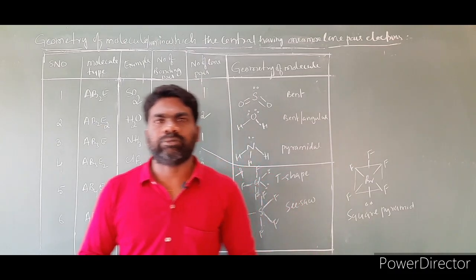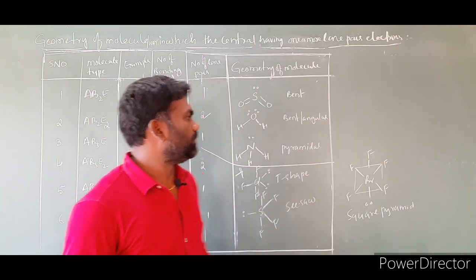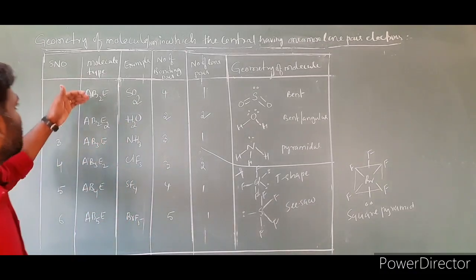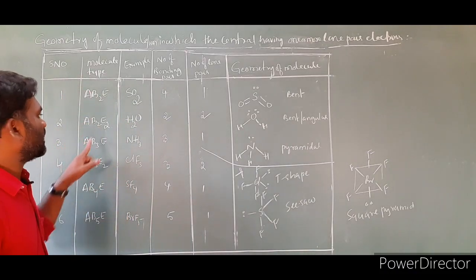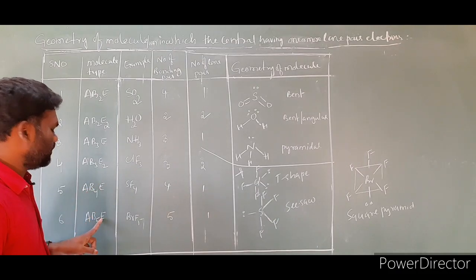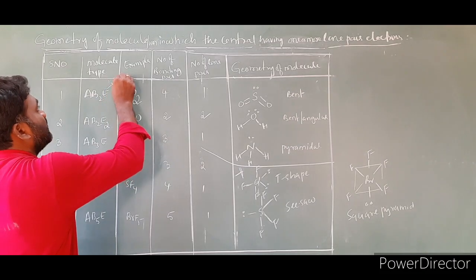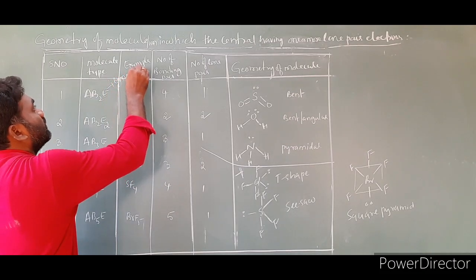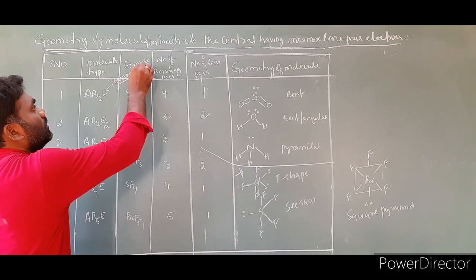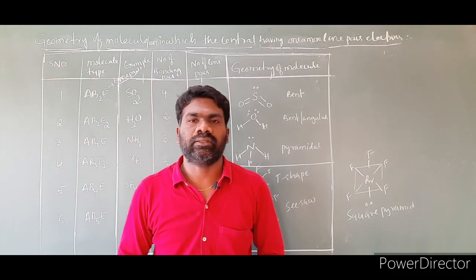The second category is molecules in which the central atom has 1 or more lone pairs of electrons. They are AB2E type, AB2E2, AB3E, AB3E2, AB4E, AB5E. What is the meaning of E? This E represents a lone pair. Next class I will come with another topic.